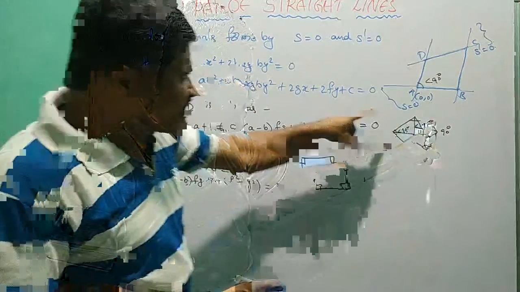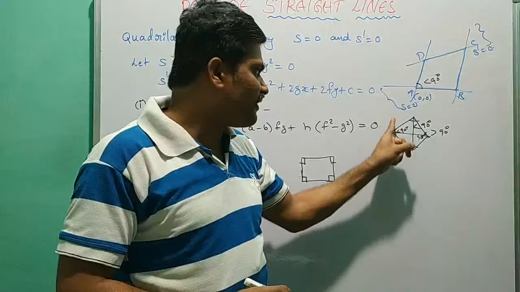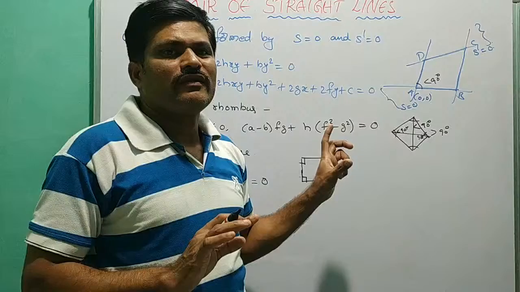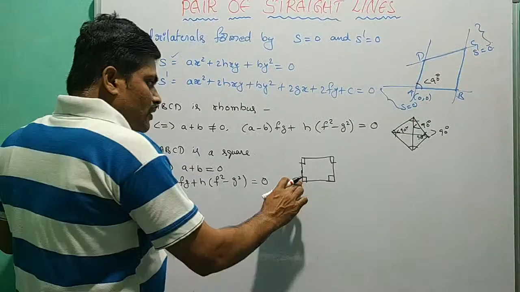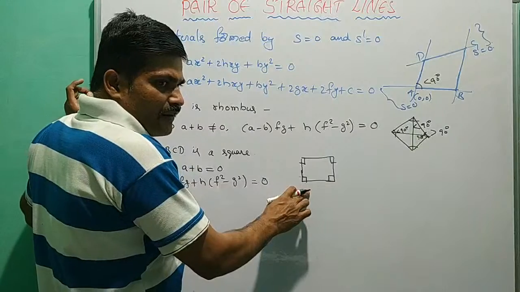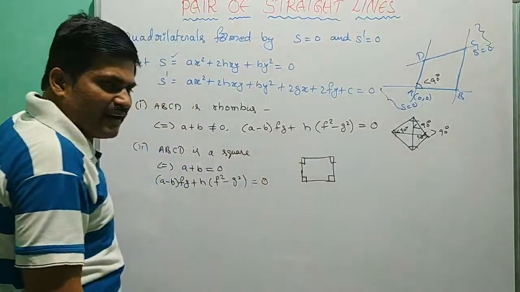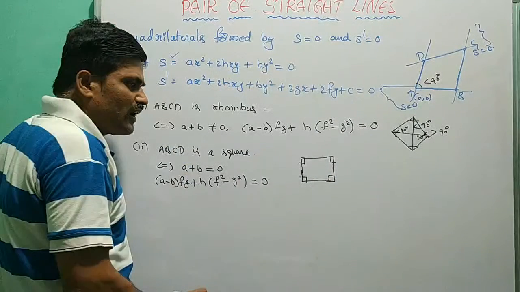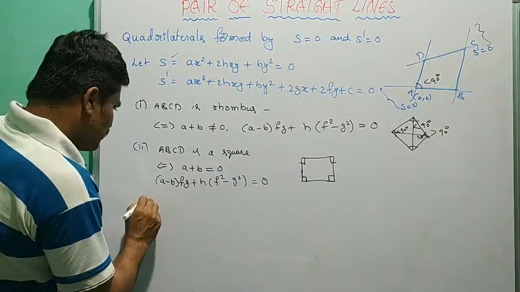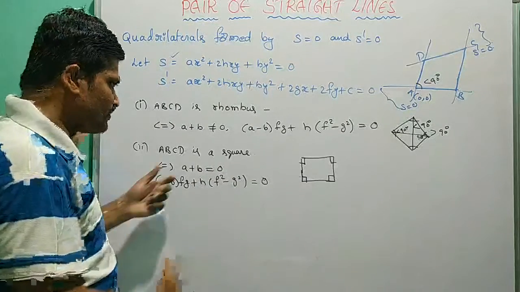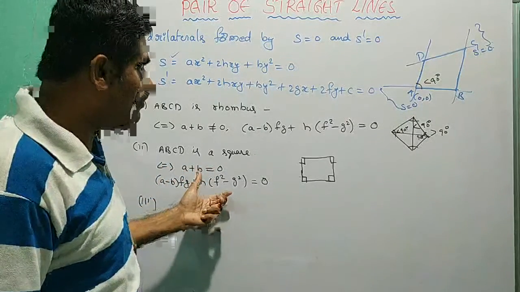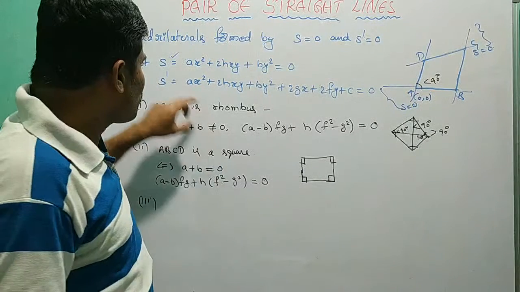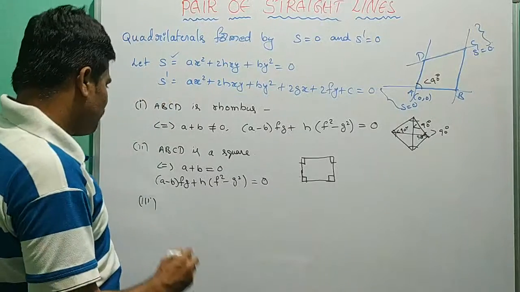Here the sides are equal, but the angle between adjacent sides is not perpendicular, so that is not a square. In a square, the angle between adjacent sides is 90 degrees and all sides of the quadrilateral are equal. So this is the square. Now here these two conditions hold, so the quadrilateral is a square formed by the pair of lines.